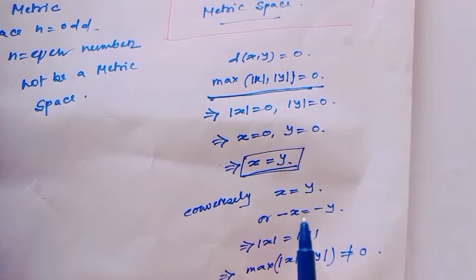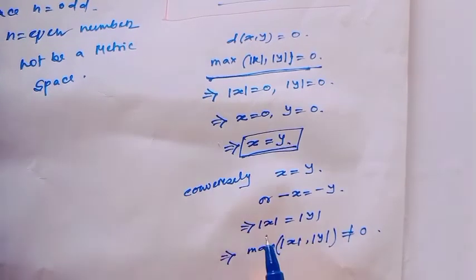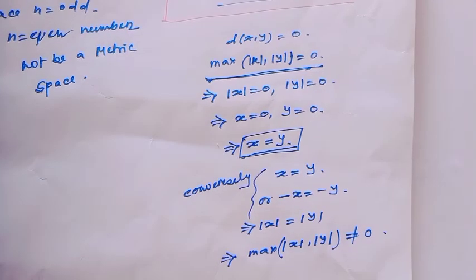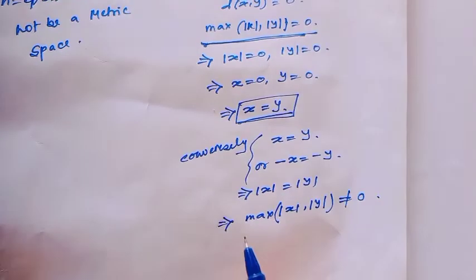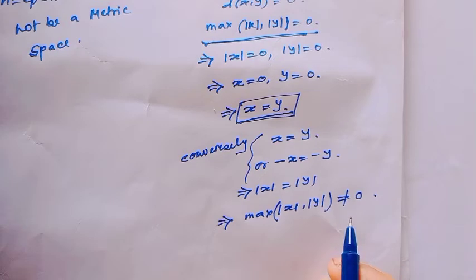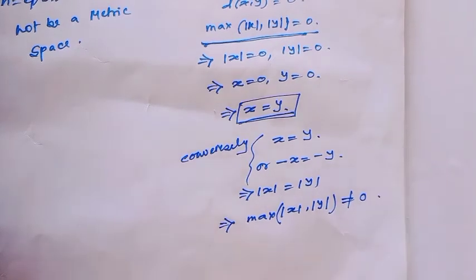Conversely, consider x equal to y or minus x equal to minus y. That means mod x equal to mod y, and that implies maximum of mod x comma mod y is not equal to 0.